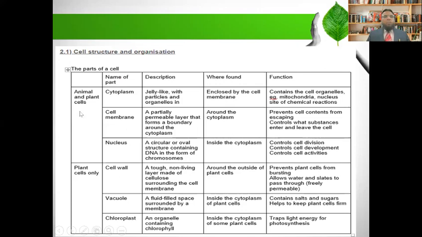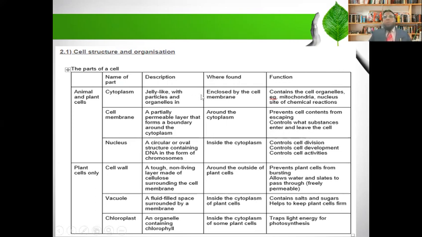See here, there is a similarity between the plant and animal cell, and in the second table you can see there is a difference between the plant and the animal cell. The first similarity between the plant and animal cell is cytoplasm. Now the question arises, what is the cytoplasm? Cytoplasm is a jelly-like substance that is found between the nuclear membrane and the cell membrane.